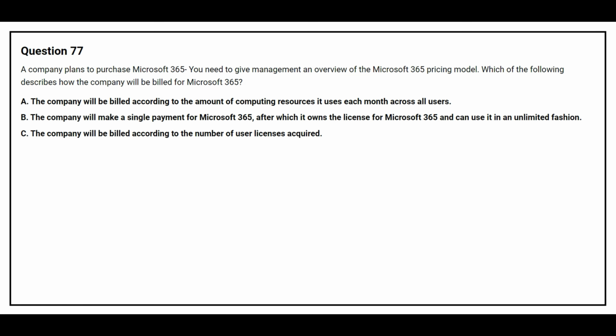Option B. The company will make a single payment for Microsoft 365, after which it owns the license for Microsoft 365 and use it in an unlimited fashion. Option C. The company will be billed according to the number of user licenses acquired. The correct answer is option C. The company will be billed according to the number of user licenses acquired.